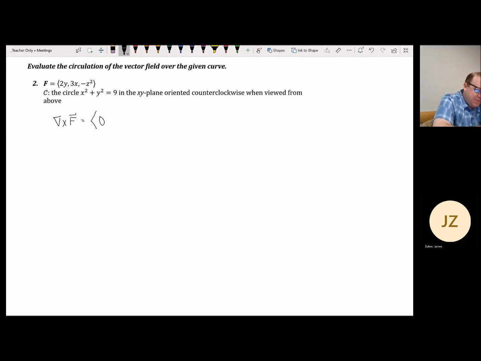Partial y, partial z, partial x. No, partial z, partial x is 0. Partial x minus partial y is 1. So close, yet so far. But at least that's a nice curl.